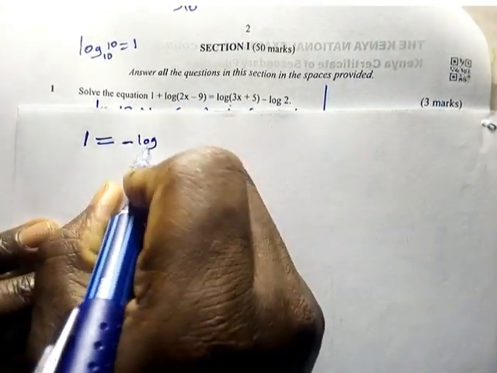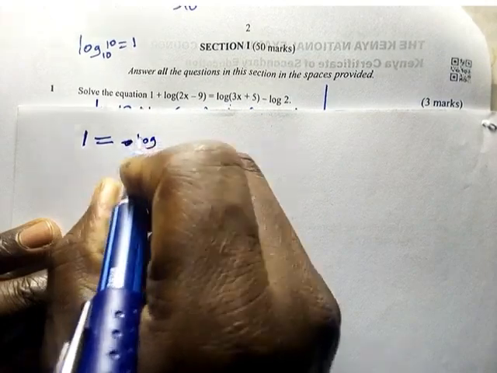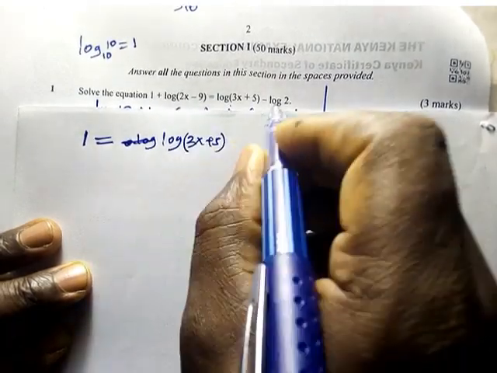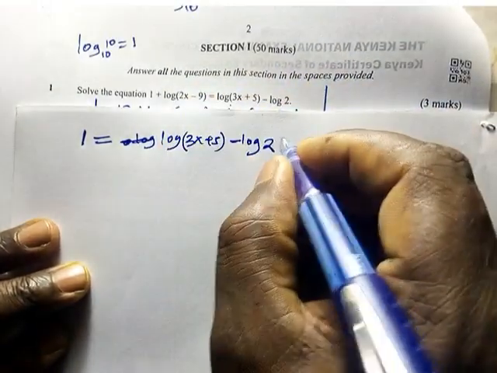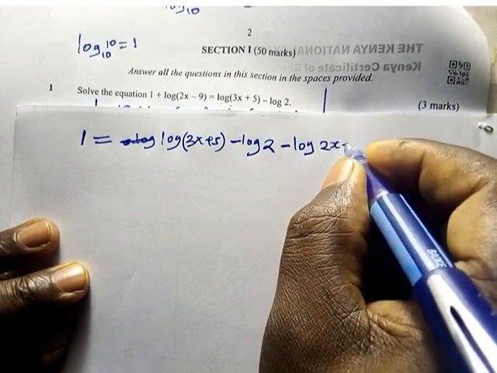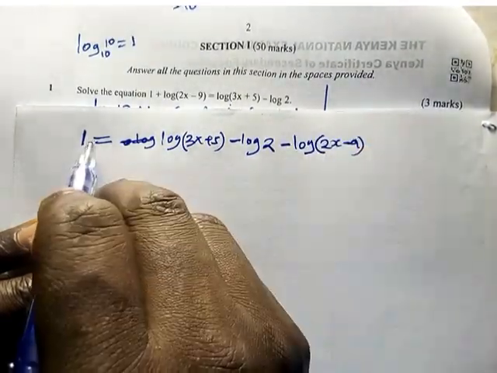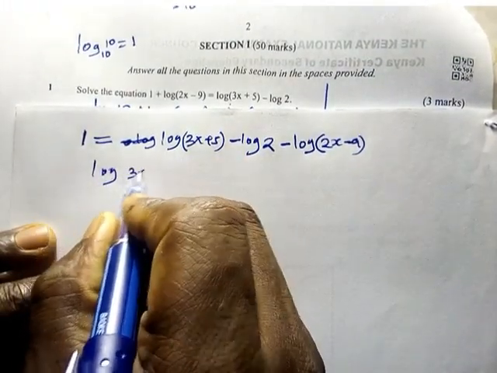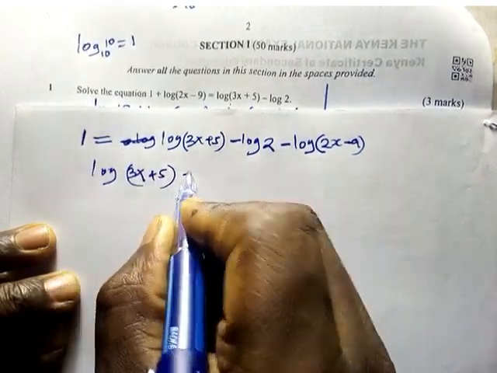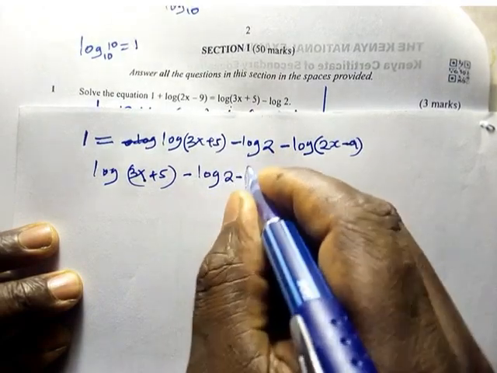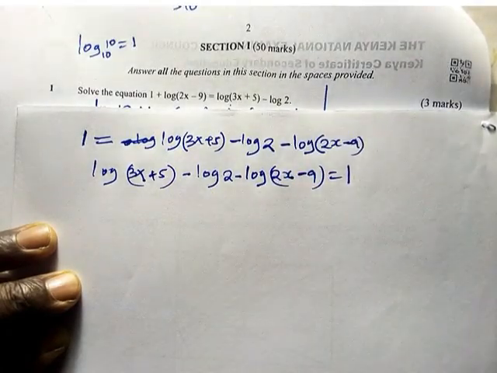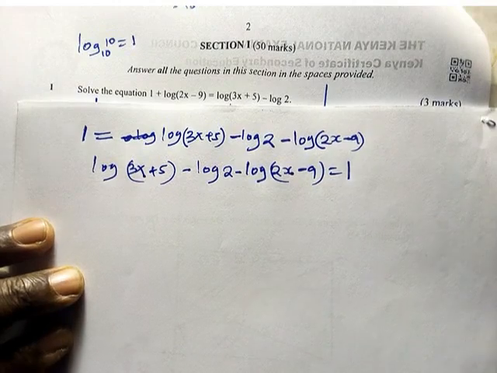So we have log(3x plus 5) minus log 2, then minus log(2x minus 9), is equal to 1. The order does not make a difference, they are the same thing.